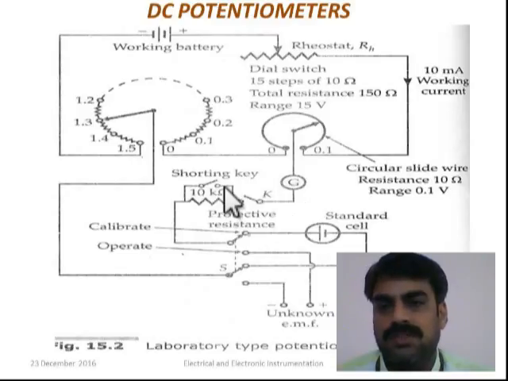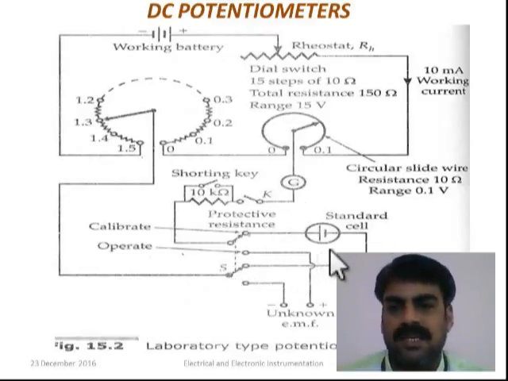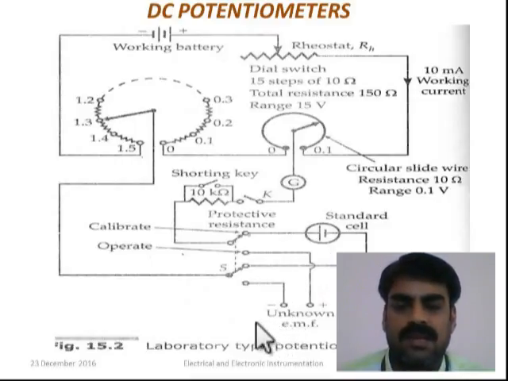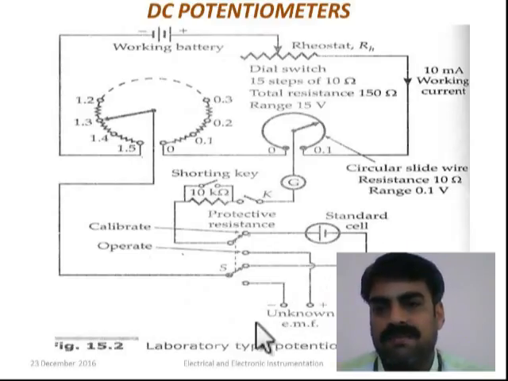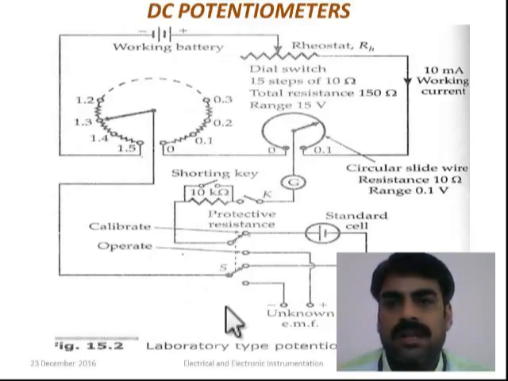This will be used as soon as the galvanometer approaches the null position, by which we can increase the sensitivity of the galvanometer. There are two modes, calibrate and operate mode, just like the basic slide wire arrangement, and the standard cell is also placed over here. There are terminals to connect the unknown EMF. And here there is a double throw switch. Using this we can connect either the standard cell or the unknown EMF accordingly.